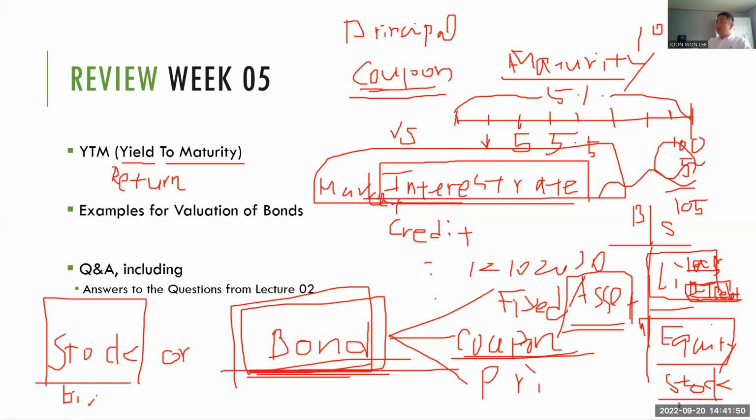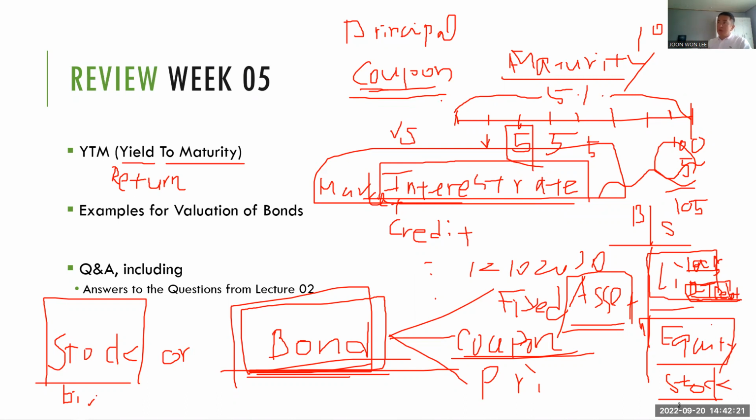Why? Because the main cash flow you receive from a bond is the coupon payment, which is a kind of interest payment. So in terms of pricing a bond, you should compare the market interest rate with the coupon rate.